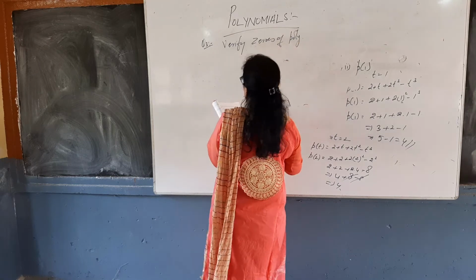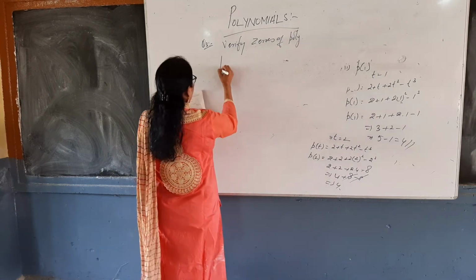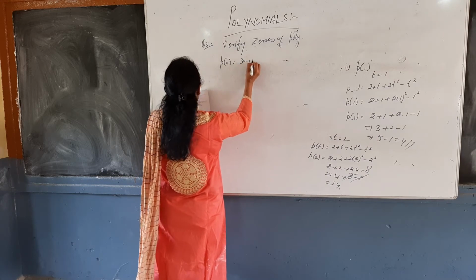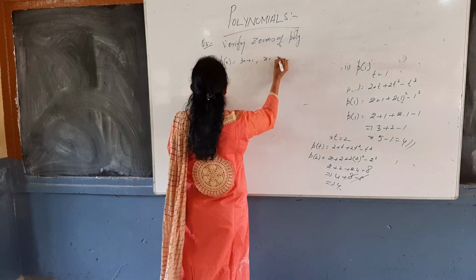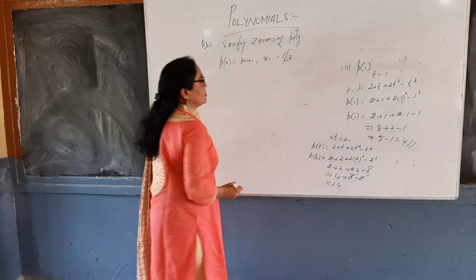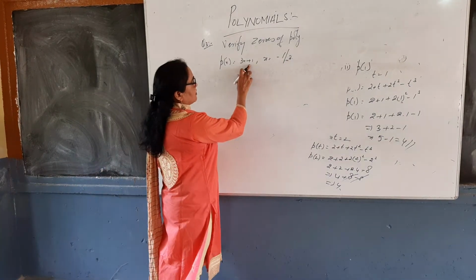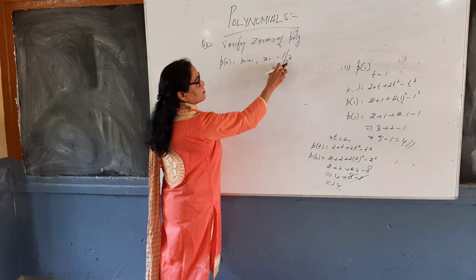Verify zeros of the polynomial. Here Px is given as 3x plus 1, x equal to minus 1 by 3. You have to verify the zeros of the polynomial.